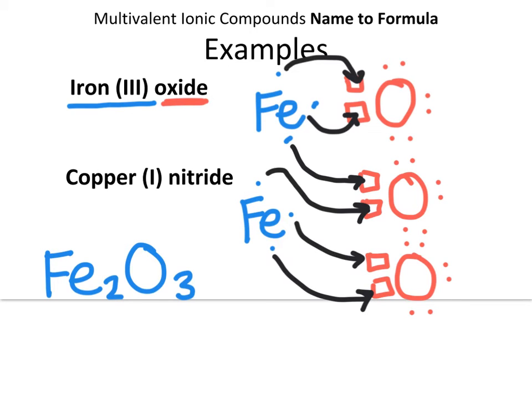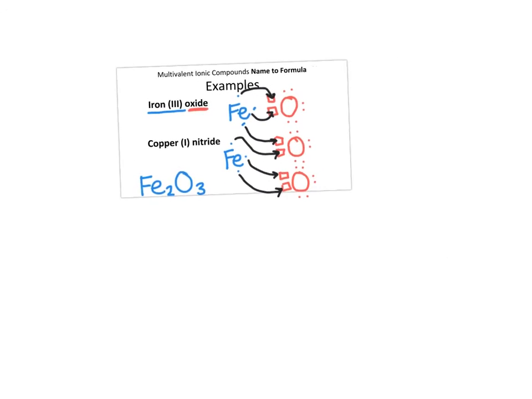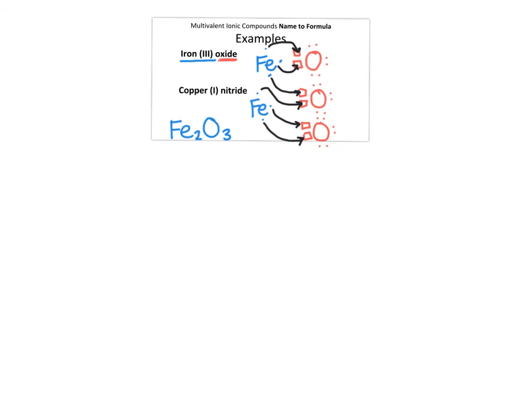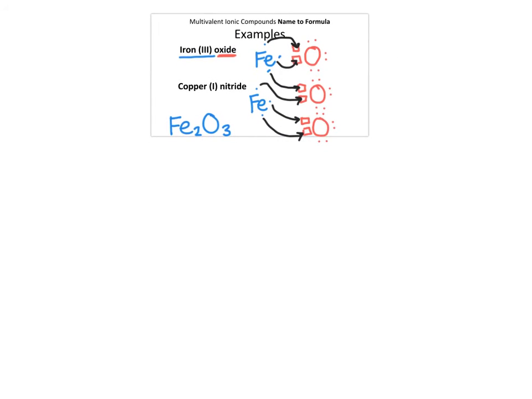Now there's another way to do this problem, and that's by looking at the charges on each ion as opposed to drawing out the Lewis structures and transferring valence electrons. So I'm going to show you how to do that way as well. Make this a little smaller so I have some space. So you're going to start with your iron 3 just like we did before. Iron 3 means that iron has 3 valence electrons that it's looking to give up.